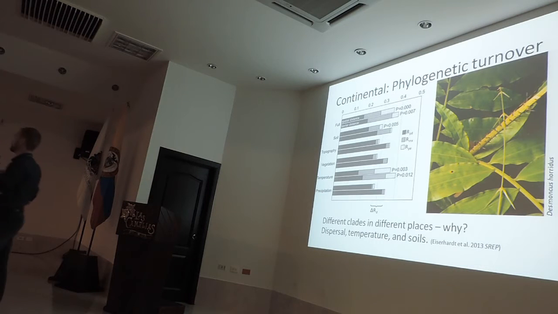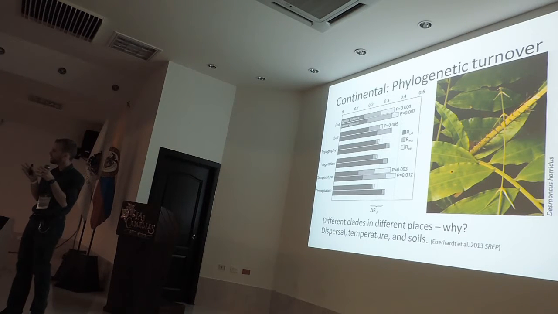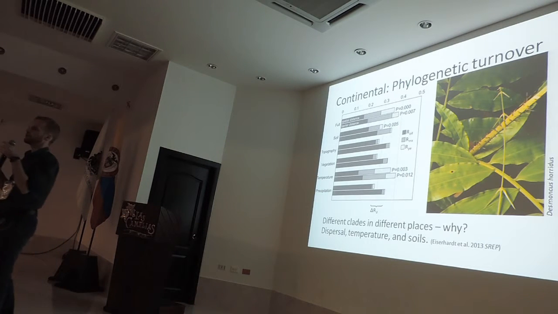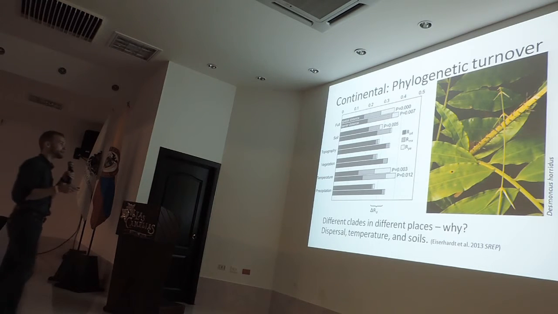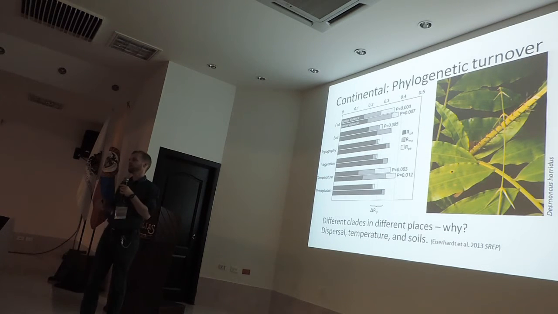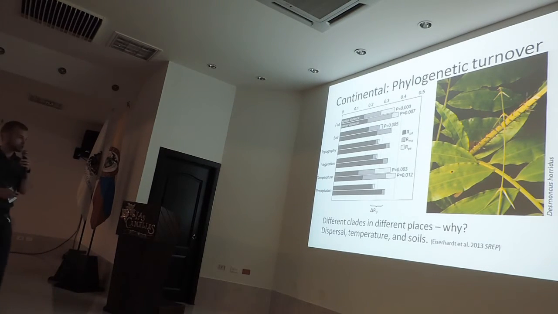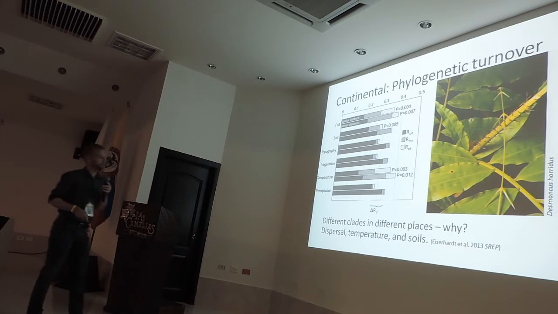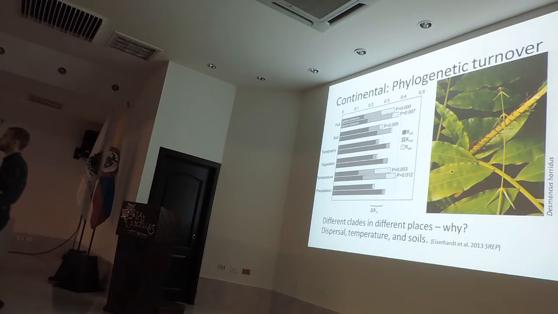So this indicates that there is an effect of phylogenetically structured temperature tolerance to temperature seasonality, like it was mentioned in Bastian's talk earlier for the cocosoids. And there is an effect of clades being sort of faithful to their soil, to the soil regime that they belong to. This allows us to, at least in part, answer the question why there are different clades in different regions.